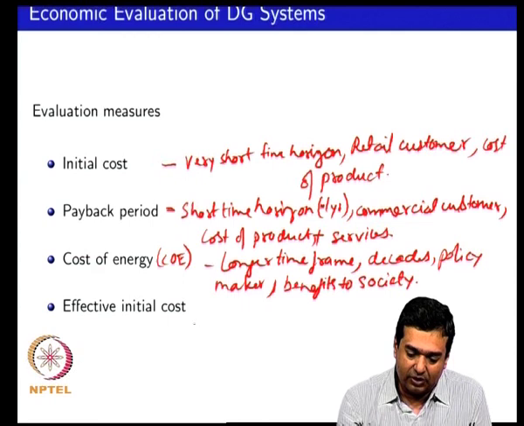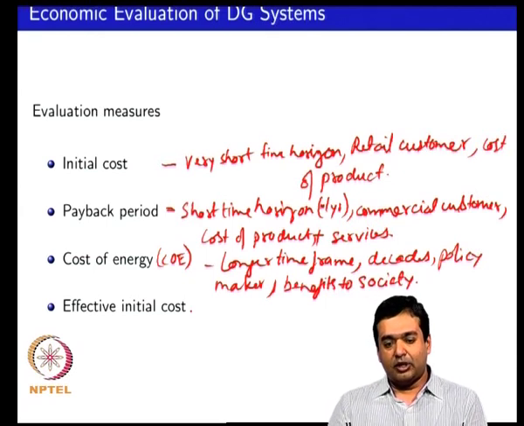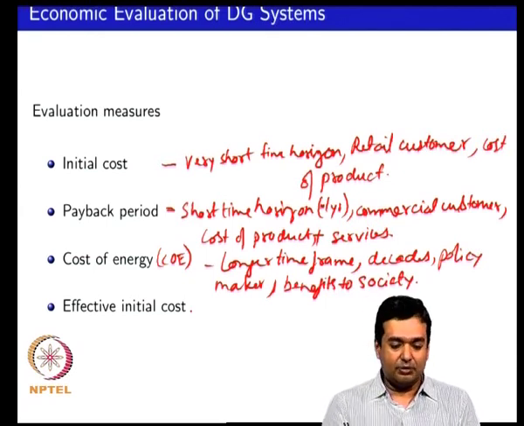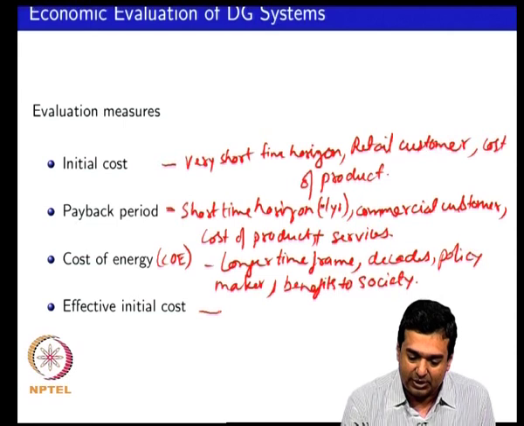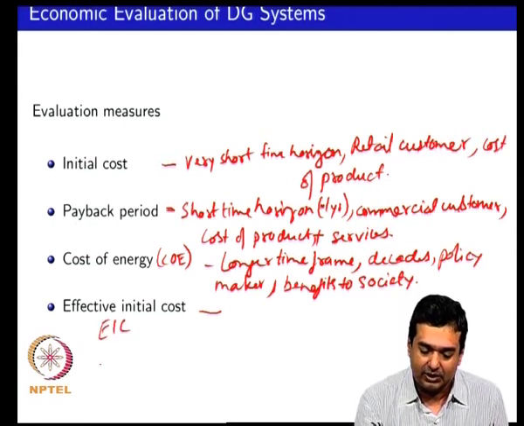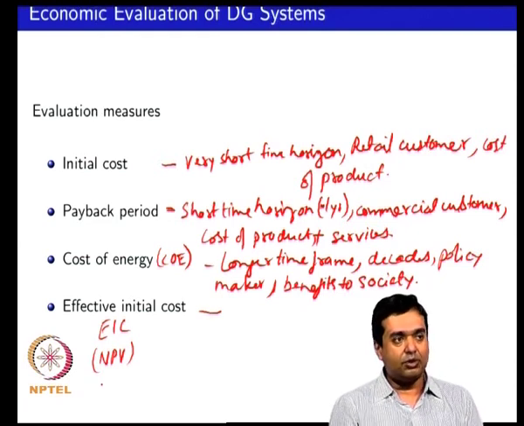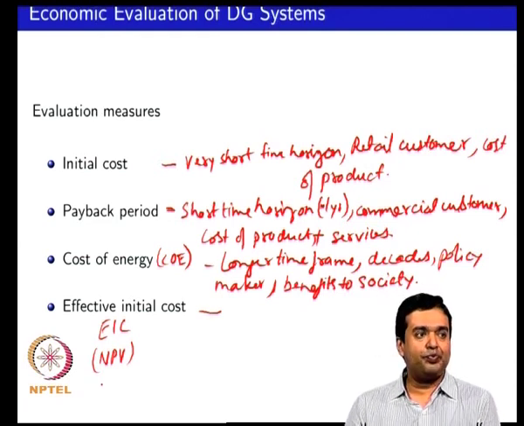Another possible way of looking at a metric for evaluating the economic value behind a DG system is what people sometimes call effective initial cost, EIC, or what people on the commercial business side may look at as a net present value.